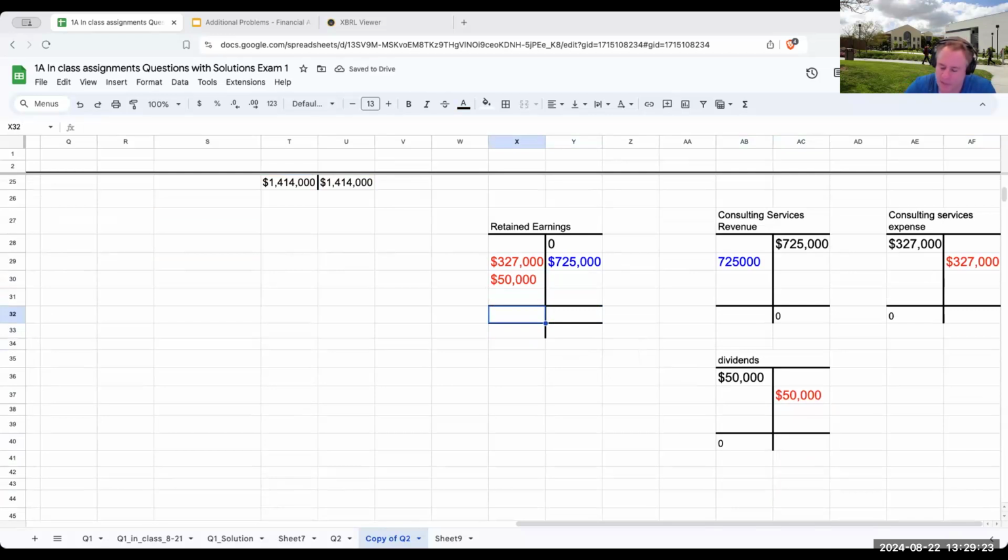So for retained earnings, I've got over here a total of 377,000 of debits, and I have 725,000 of credits. To get my ending balance, I subtract the smaller amount from the larger amount, and I leave the remainder on the larger side. And over here, my ending balance is 348,000.